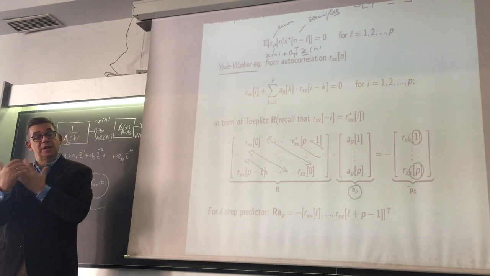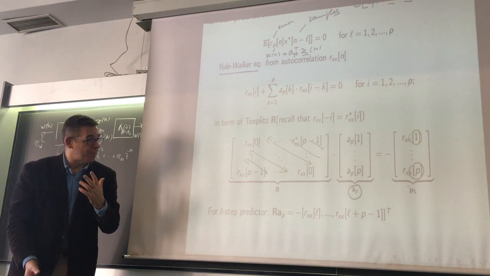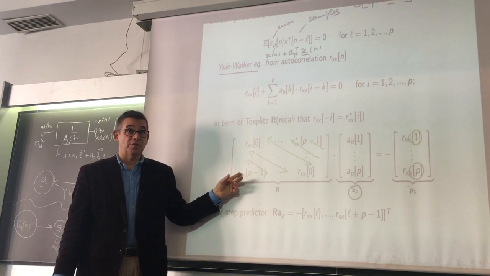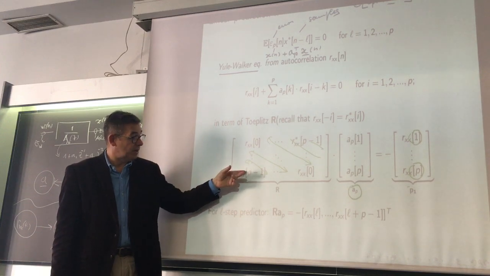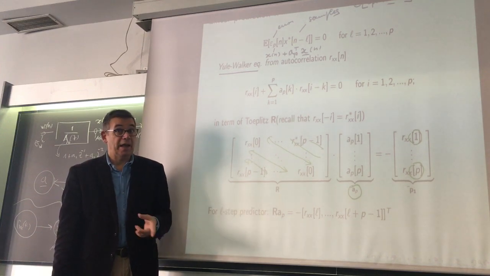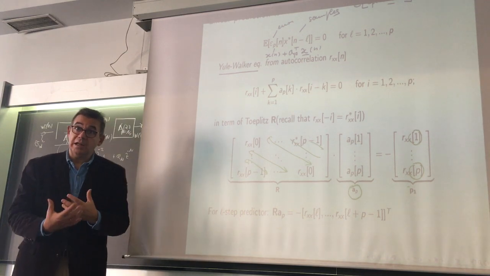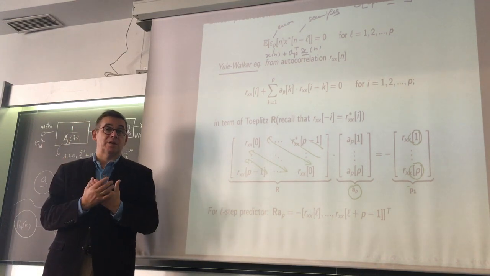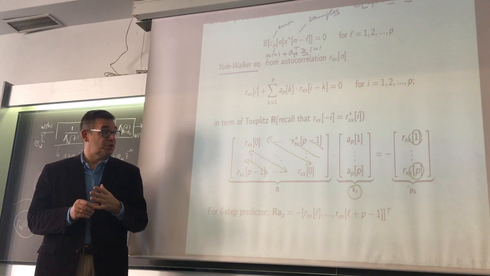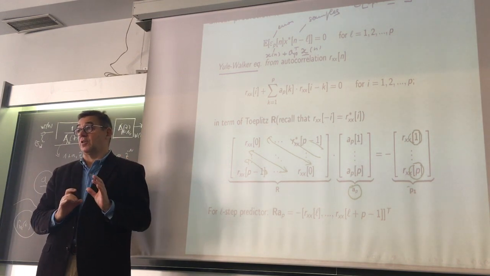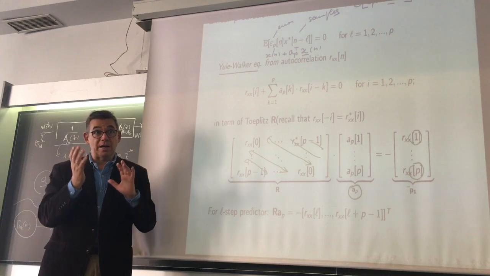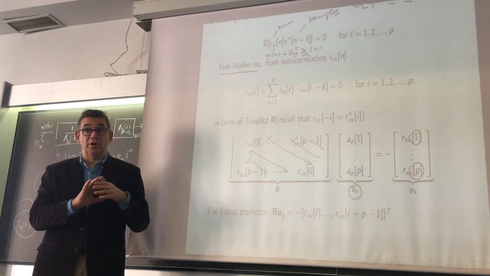So the linear predictor is trying to compensate for the inaccuracy of the autocorrelation for a bigger lag, a bigger distance, and it is trying to minimize the power of the error, which is the job of linear prediction.